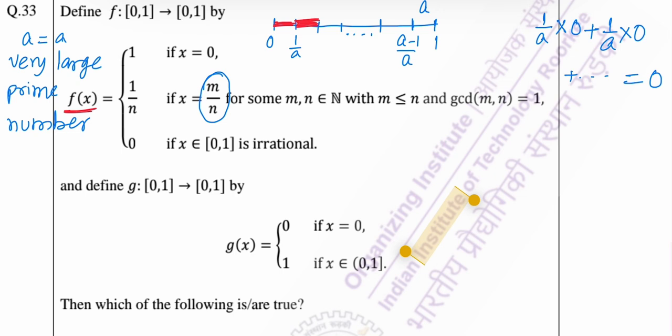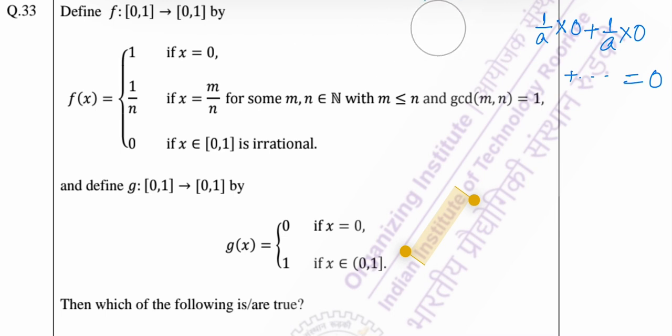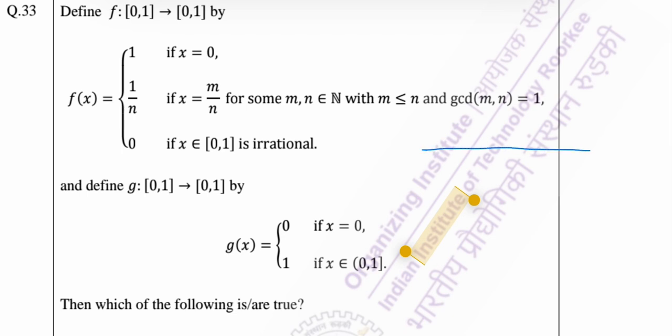And now let us check for the second function, that is our g(x). Okay, so I erase what I have written on the screen. Now I go for the second function, and for the second function as well I take the interval the same.